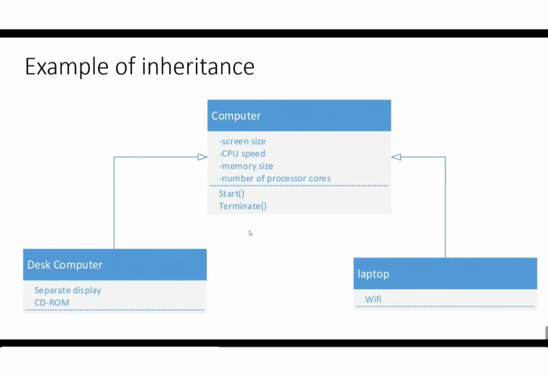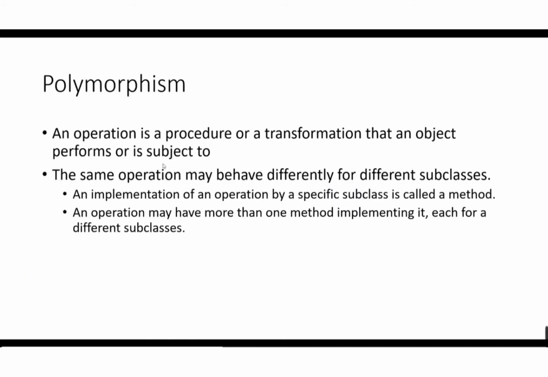We can see that in this diagram, for the superclass and subclass, all of them share the same start and terminate. But sometimes, for example, for the different kinds of polygons, they all share the same operation draw.